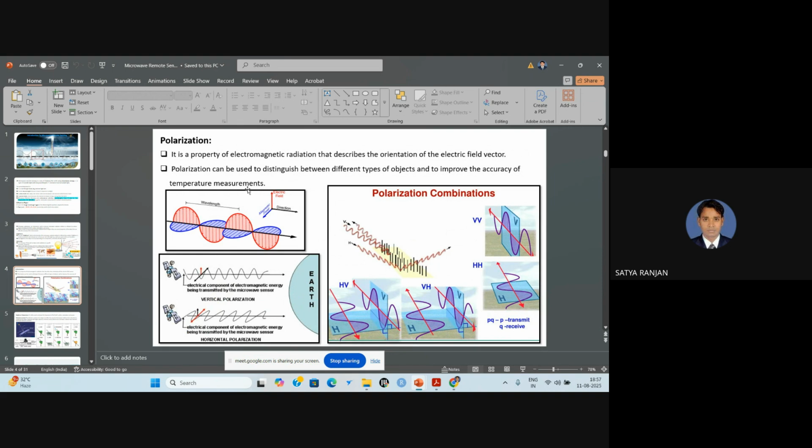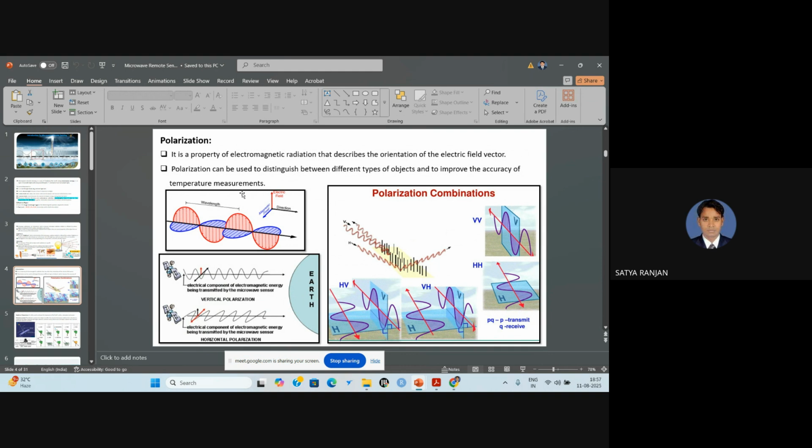Then the polarization. One of the important factors of microwave remote sensing is the polarization. So what is polarization? It is the property of electromagnetic radiation that describes the orientation of the electric field vectors. Generally electromagnetic radiation, EMR, is constituted of an electric field and a magnetic field, at 90 degrees to each other.